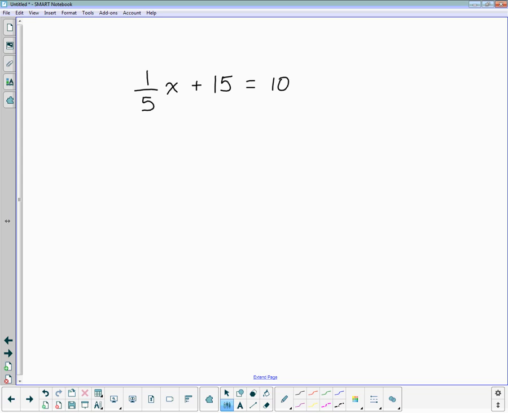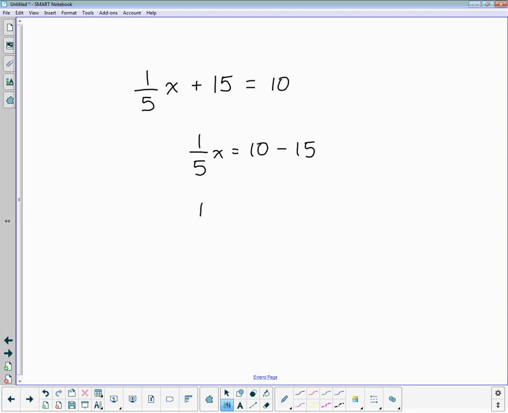Like if you move that 15 over right now, you wouldn't have to distribute, right? You could just simplify. That might make your life a little simpler. Let's do 10 minus 15. You see, by moving it over, I'm not dealing with 3 things anymore, because 10 minus 15 is, very good, negative 5, excellent.